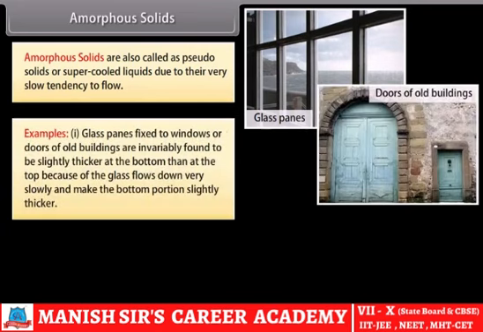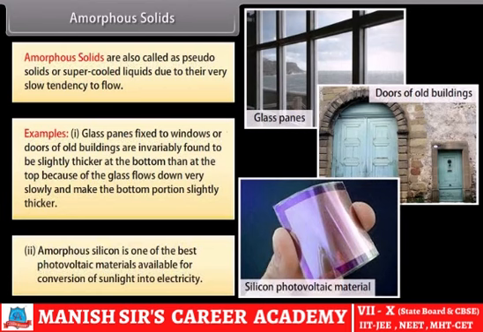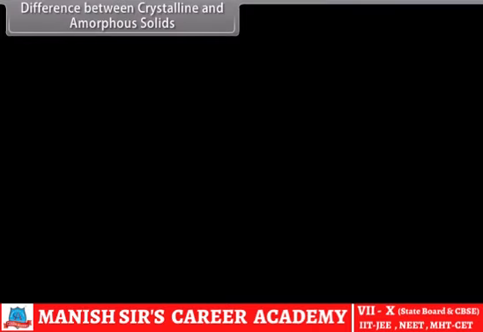Glass panes fixed to windows or doors of old buildings are invariably found to be slightly thicker at the bottom than at the top because the glass flows down very slowly and makes the bottom portion slightly thicker. 2. Amorphous silicon is one of the best photovoltaic materials available for conversion of sunlight into electricity. Difference between crystalline and amorphous solids.